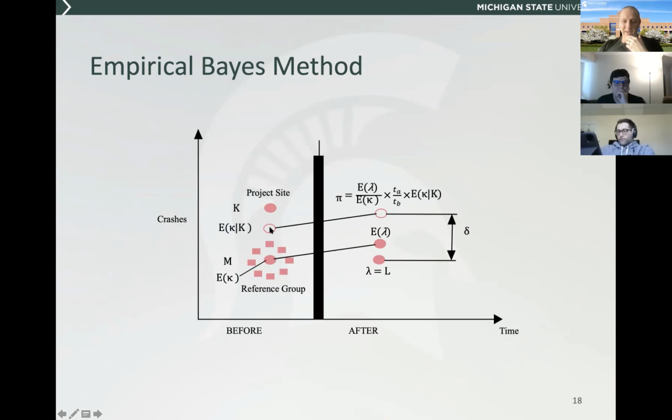It's going to tend towards the project site if we've got a very high value of alpha or a lot of over dispersion in our equation, or if we have a very large number of crashes or a very large number of sites. Okay. In the case where we've got lower crash counts, lower numbers of sites, or more reliable equations, it will tend closer to the cluster of the reference group.